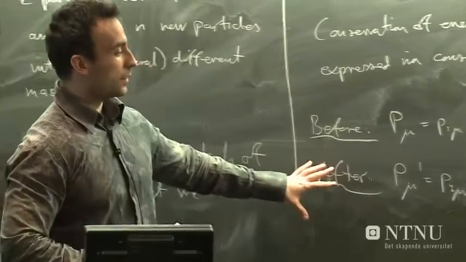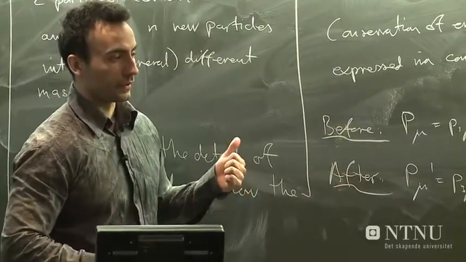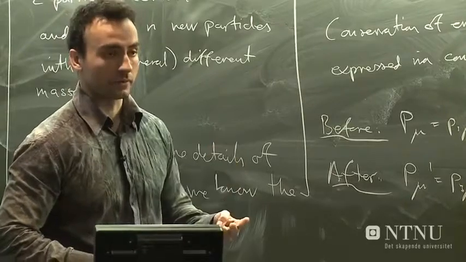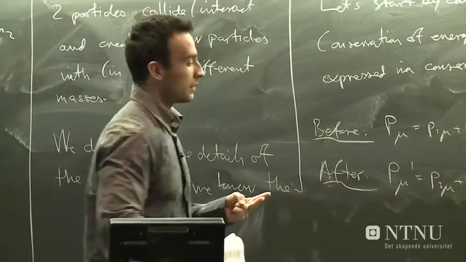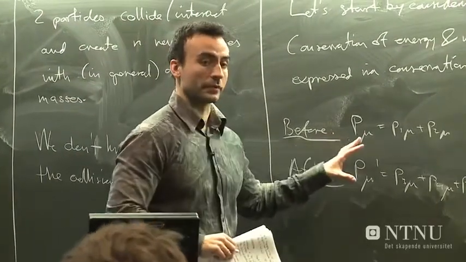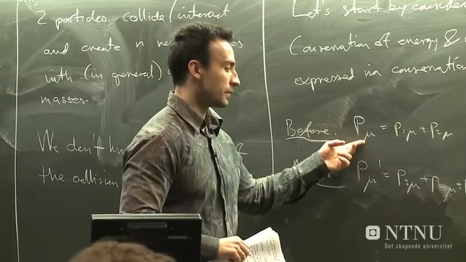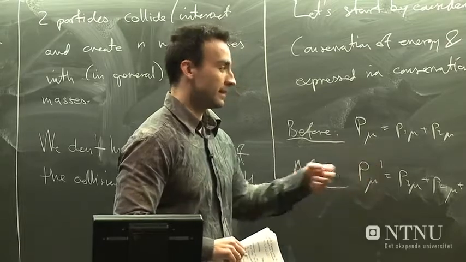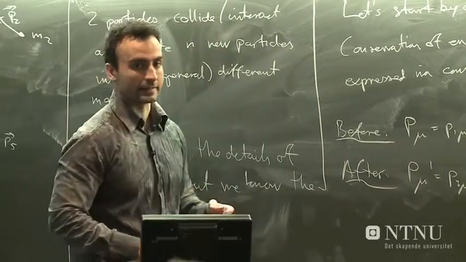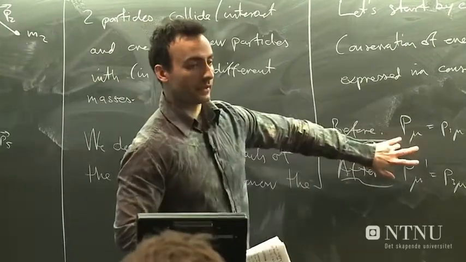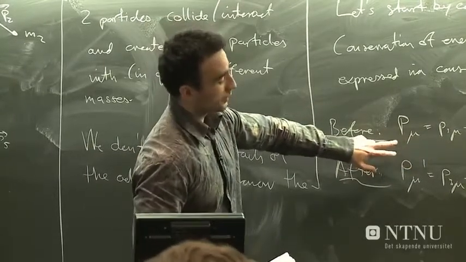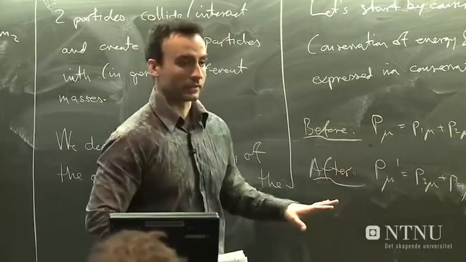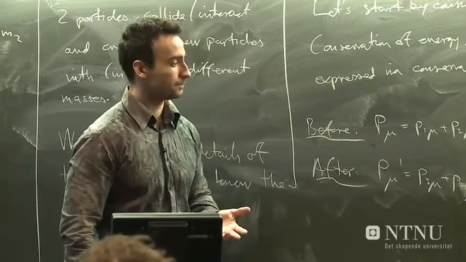Okay, so this is what we know, and we're armed with two very important things. One thing is that the four-momentum is conserved. So p mu is equal to p mu prime. And the other thing we know is that the scalar product of this total four-momentum vector is an invariant.